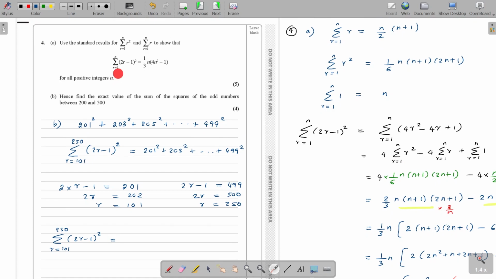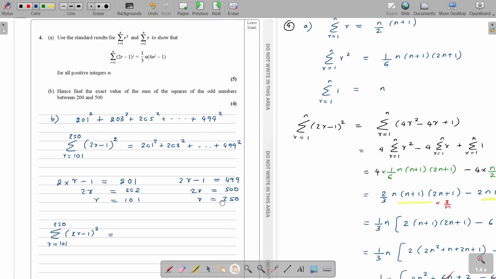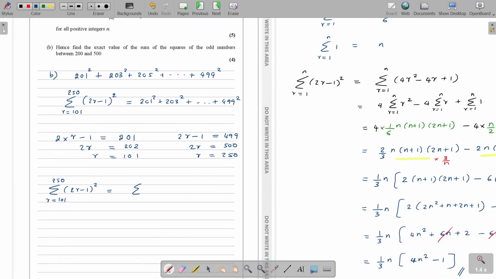Okay, so we are starting with 101. We are starting with a different value. So in this case, we learned a special rule, right? So what is it? Summation of 2R minus 1 square from R equals 1 to 250 minus summation of 2R minus 1 square from R equals 1 to 100. Are you with me?